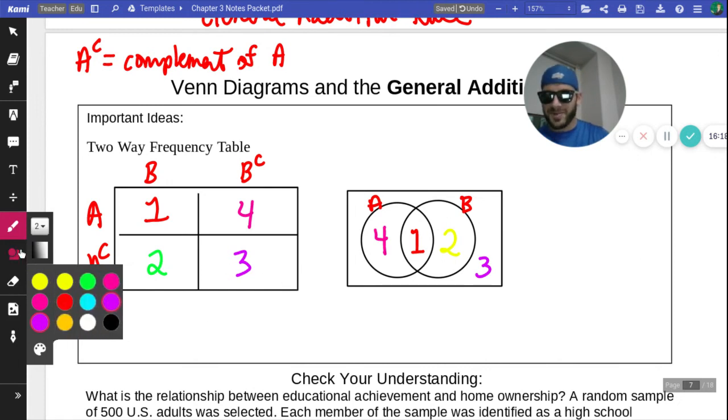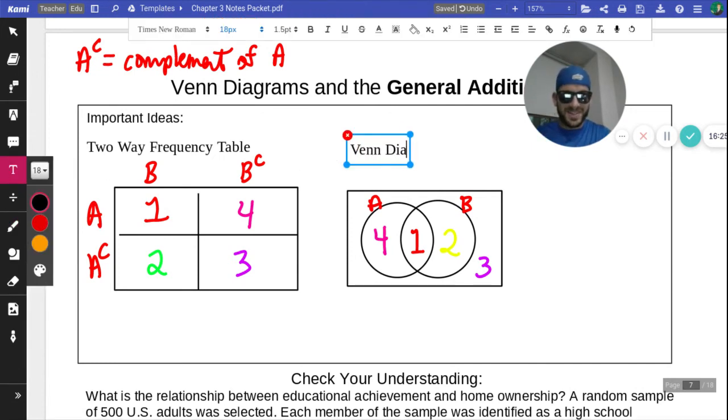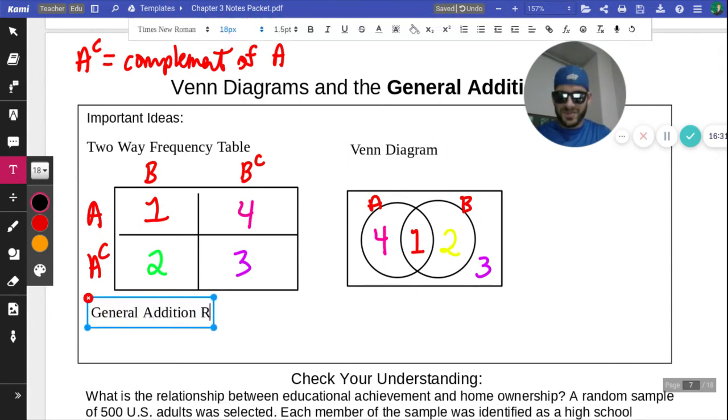So a little bit of room left to jot down some notes about the addition rule, but this is our Venn diagram. And now we're going to talk about the general addition rule.